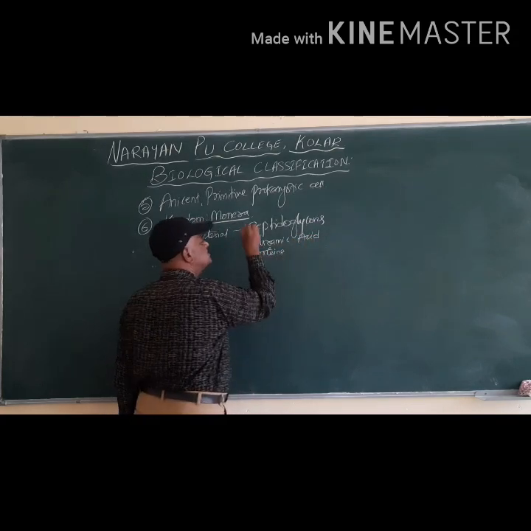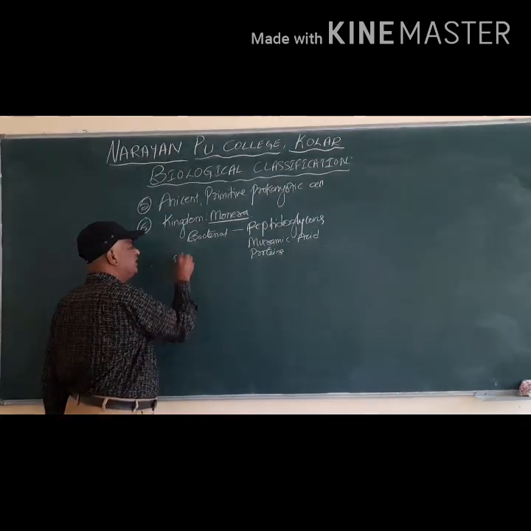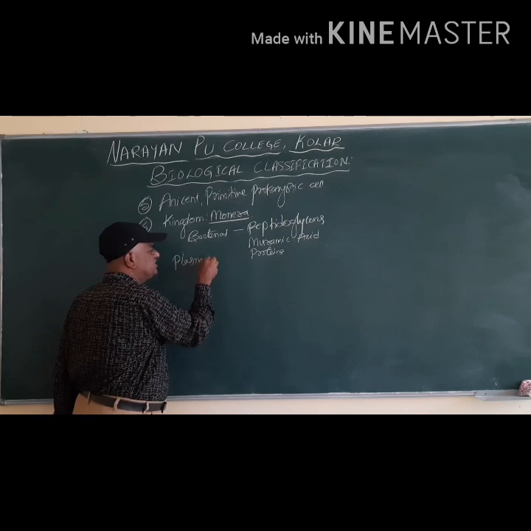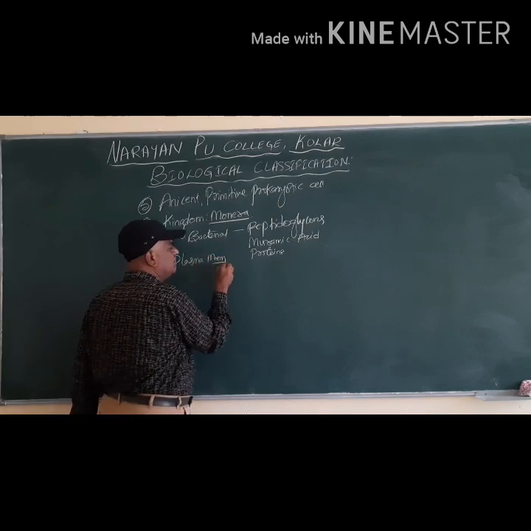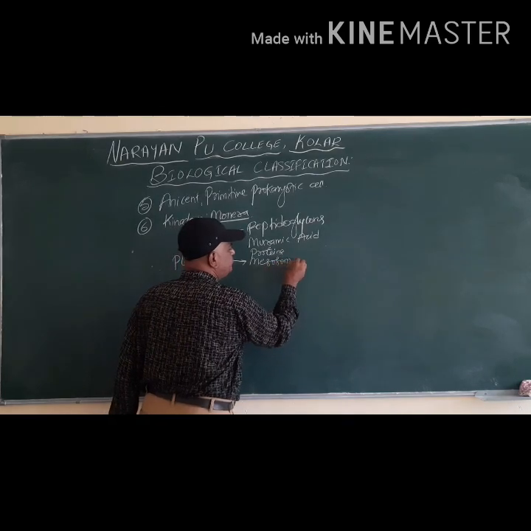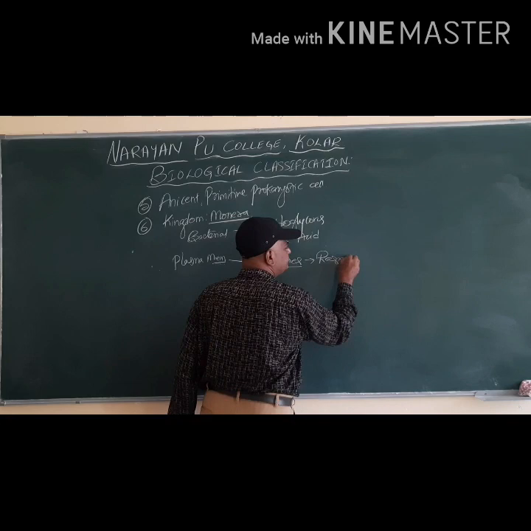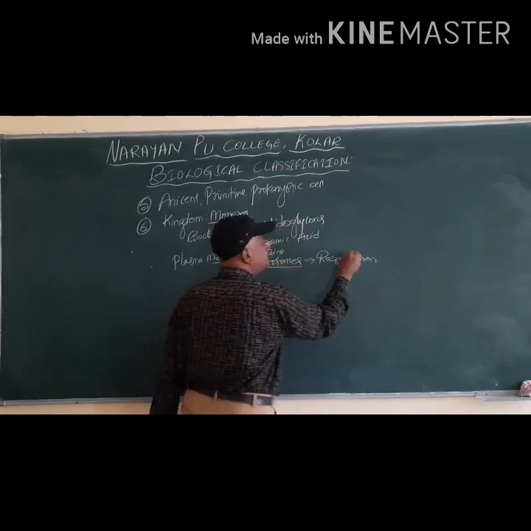Next to the cell wall is the plasma membrane. The plasma membrane is inwardly folded to form mesosomes, and these mesosomes help in respiration.